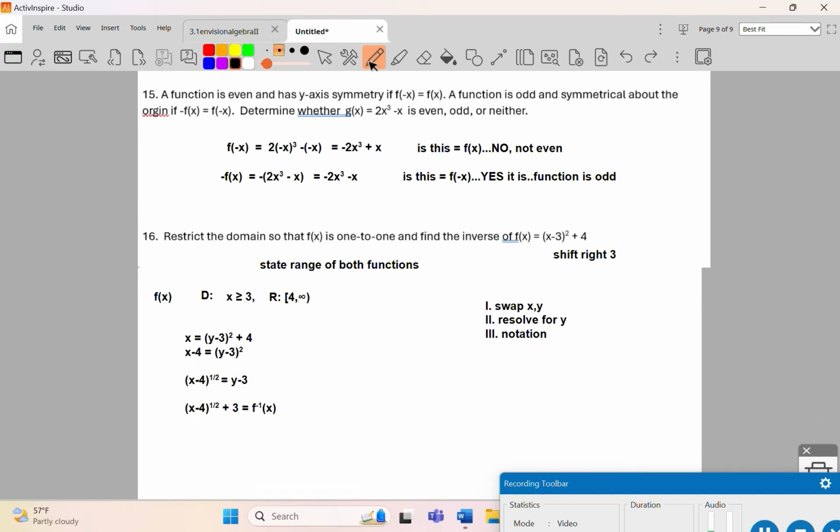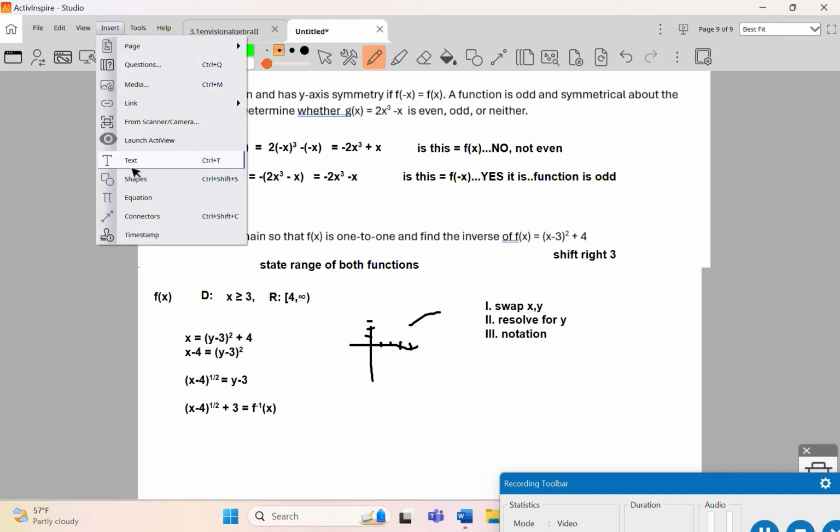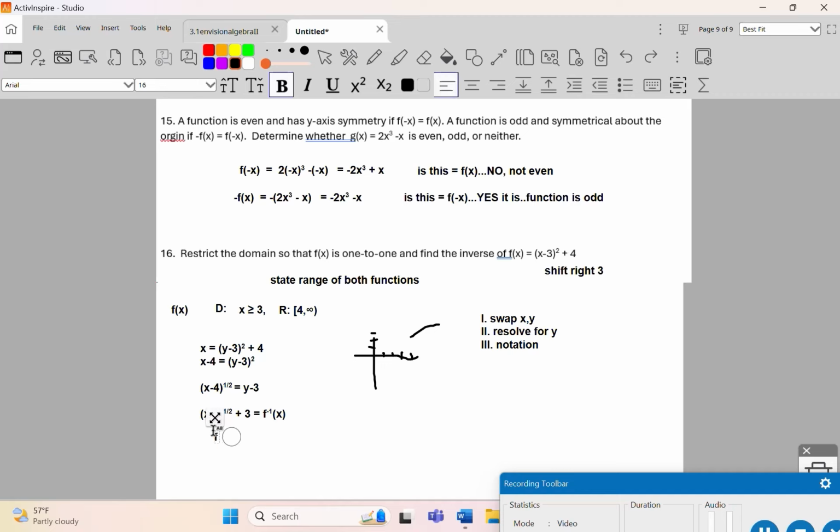Now, if you thought about what this thing looked like on a graph, it would be right 4. And it would be up 3. And then it'd be an arm. So when you talk about its range, its domain is still going to be 4 to infinity, the same as the last one.